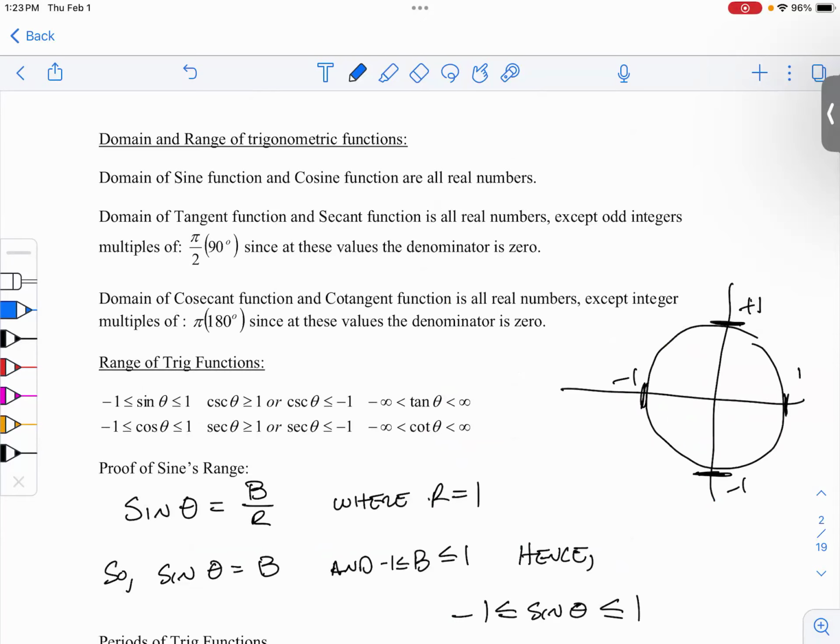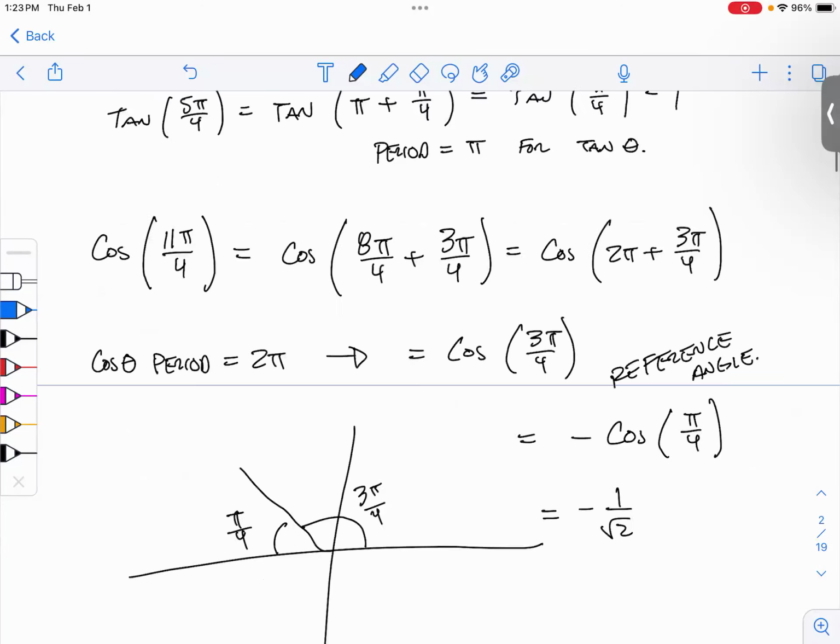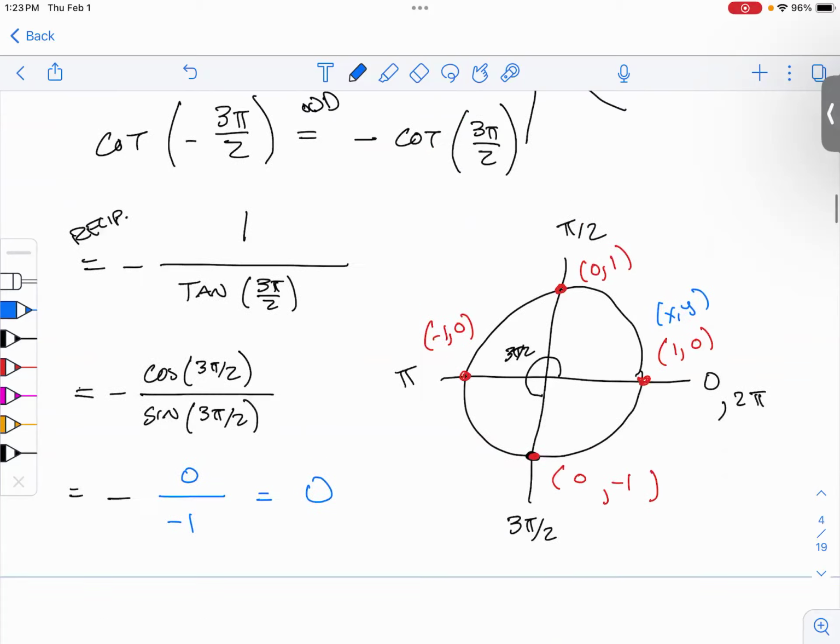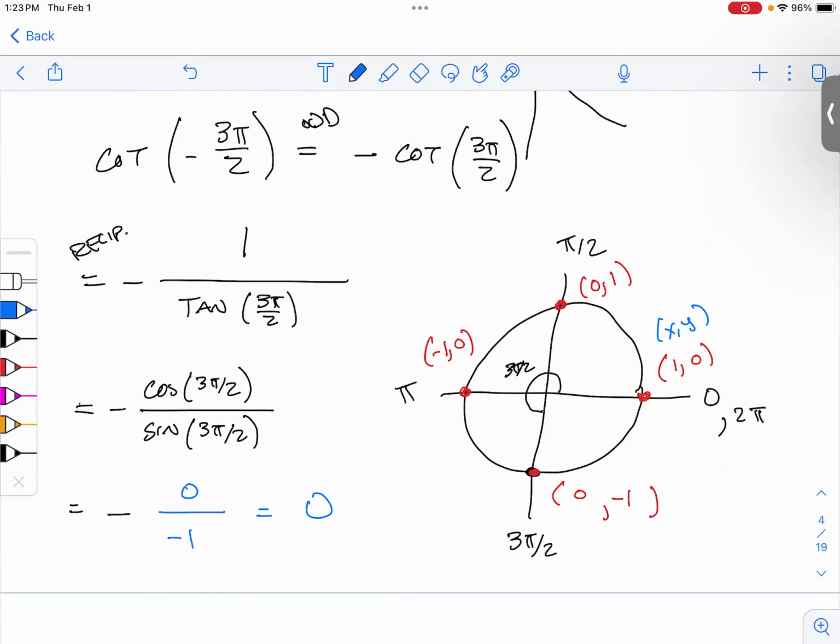Right here, it says domain of tangent and secant functions, odd integer multiples of pi over 2, 90 degrees, cosecant and cotangent, integer multiples of pi, 180. That's because of what we just looked at, with the 0 and 1. Pretend this said cotangent of pi.